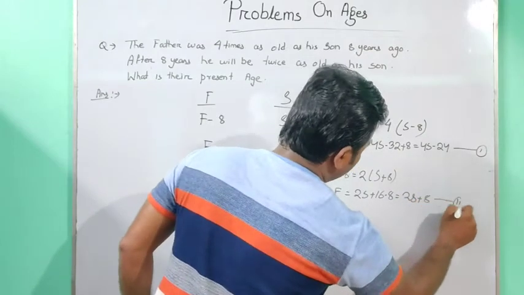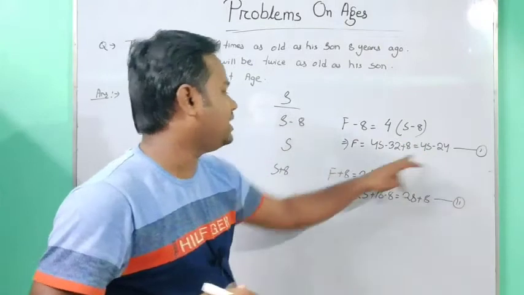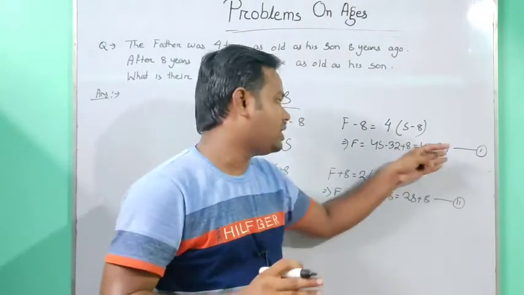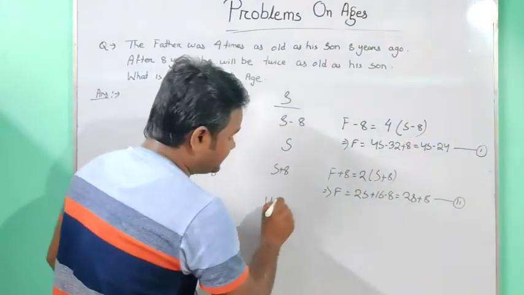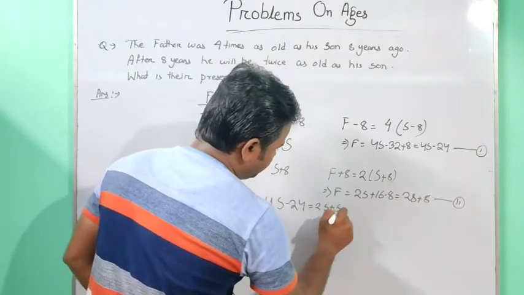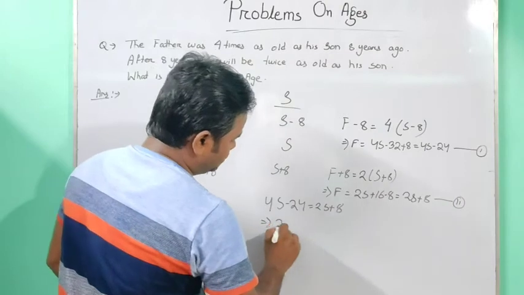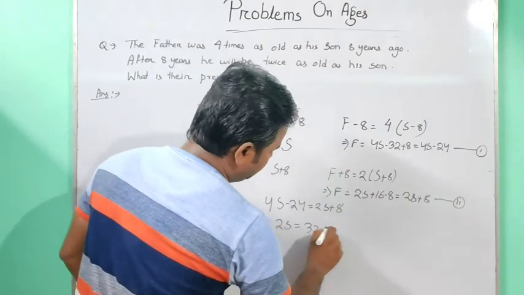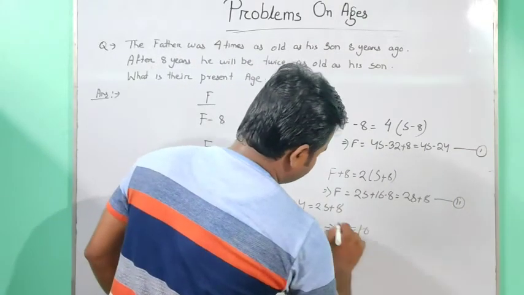It is equation 2. In both cases, the value of F is given in terms of S. So we simplify: 4S minus 24 is equal to 2S plus 8. That implies 2S is equal to 32, or S is equal to 16.